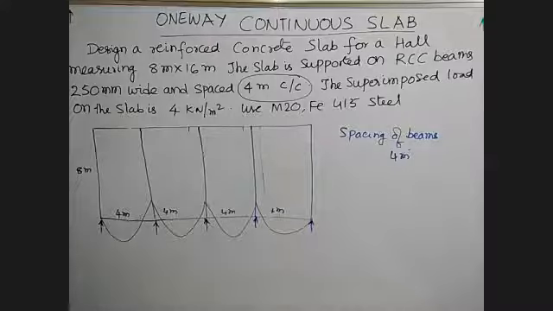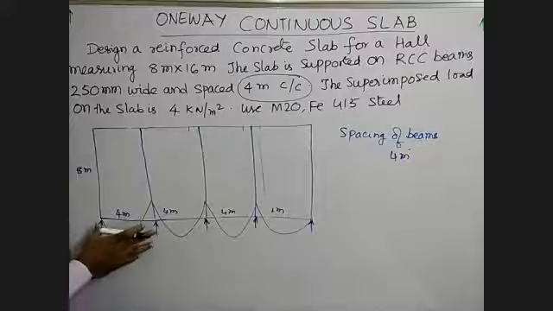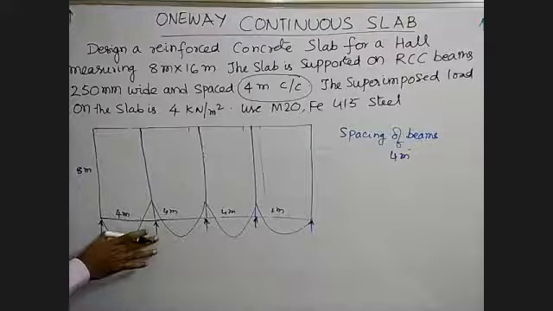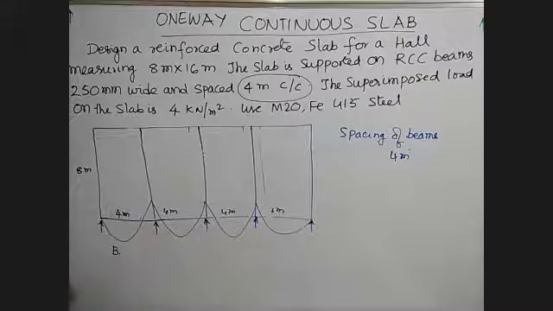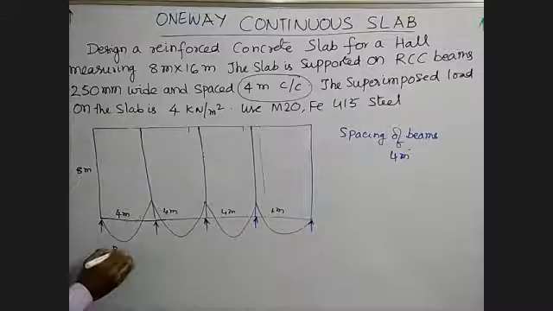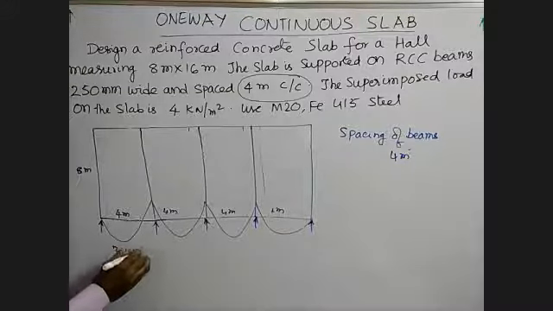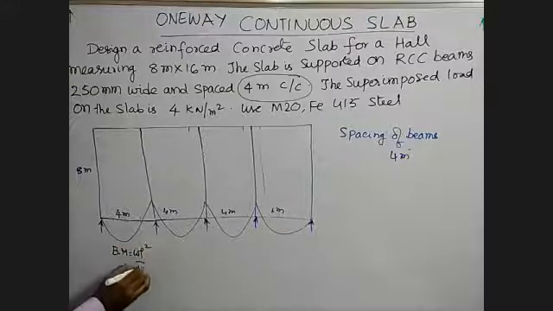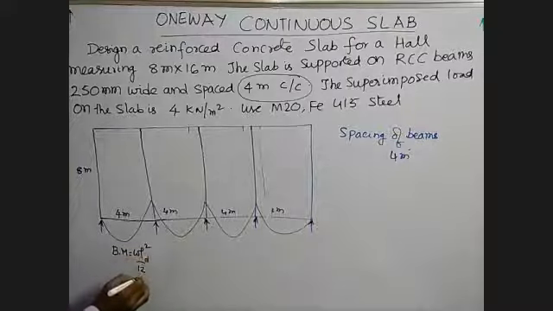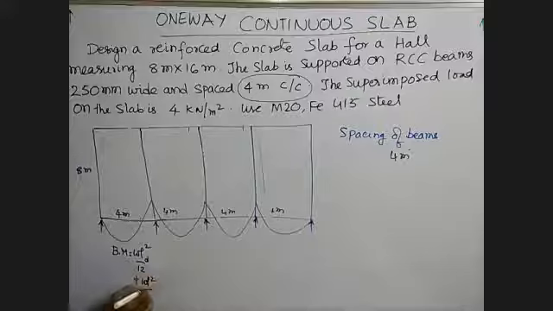So for that, here, the bending moment. See, if it is a simply supported single span, the bending moment is WL square by 8. And here, WL square by 12 for dead load plus WL square by 10 for live load.